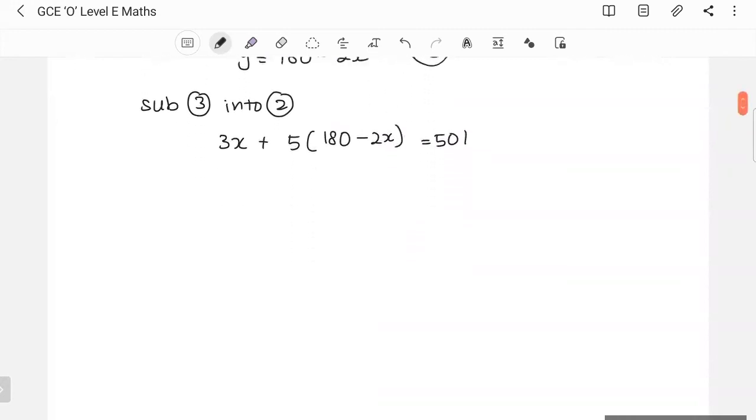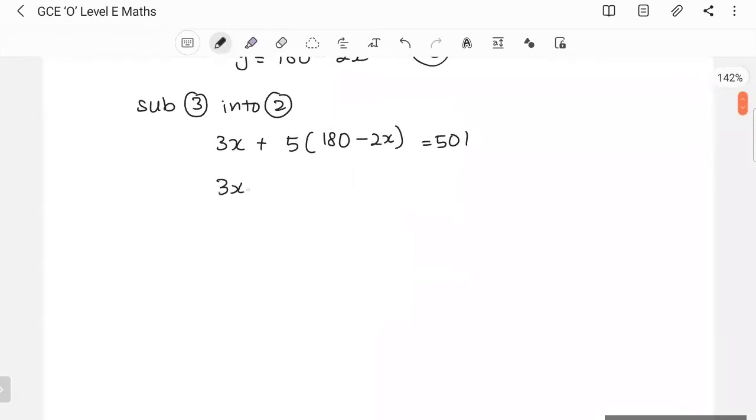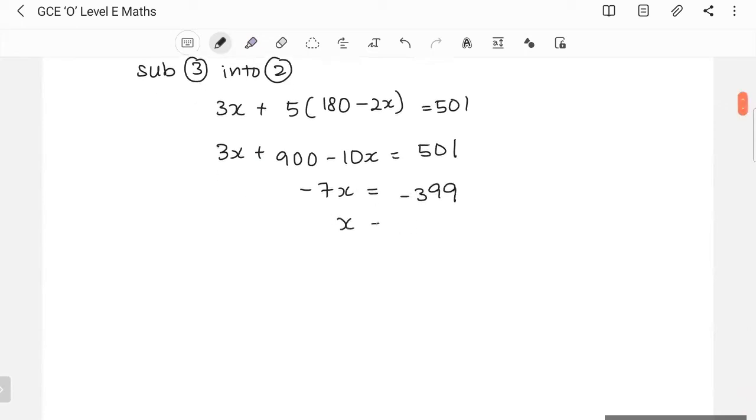From here, I continue to solve. I expand, so what I will have is 900 minus 10x, and so on, to negative 399. Once we divide both sides, we will have x equals 57.